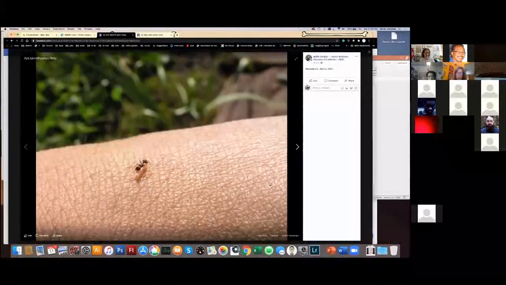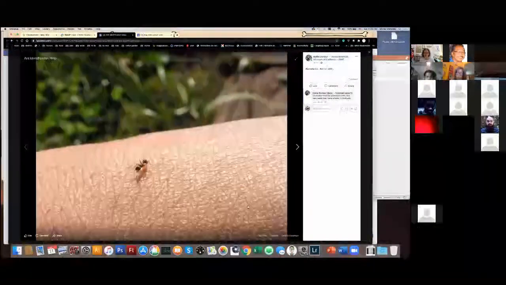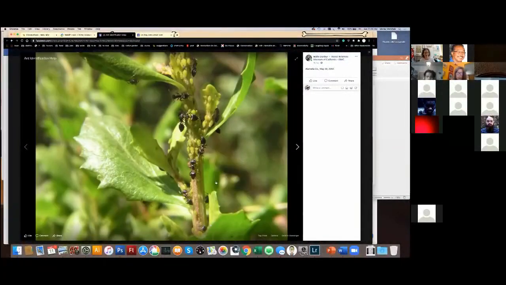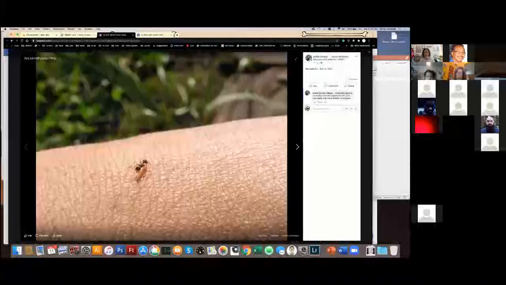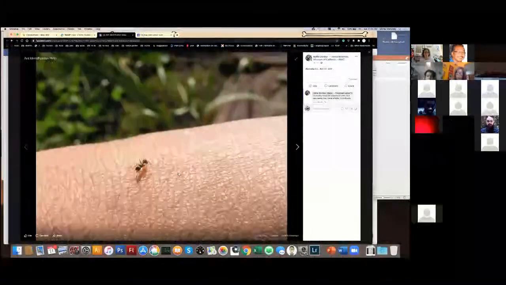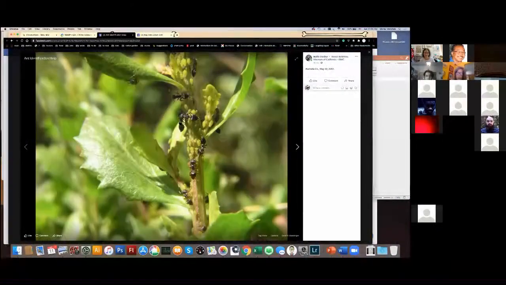So even though in pavement ants all the workers in the nest are similar size, if it's a new nest, all the workers would be much smaller. Sometimes that's a bit confusing because you'll see something that you expect to be much bigger, but they're smaller. Maybe pavement ant. If you had another photo, then we could look at that. I'm not sure. I've got a question mark after it.